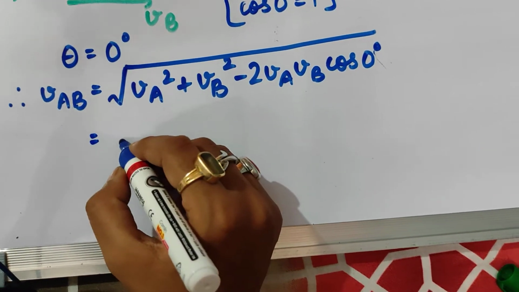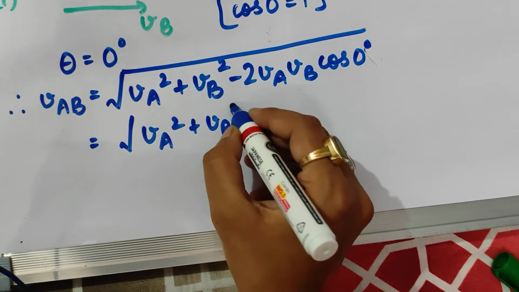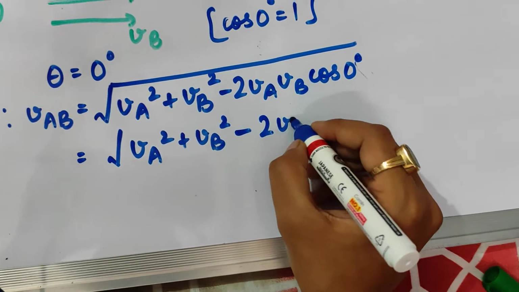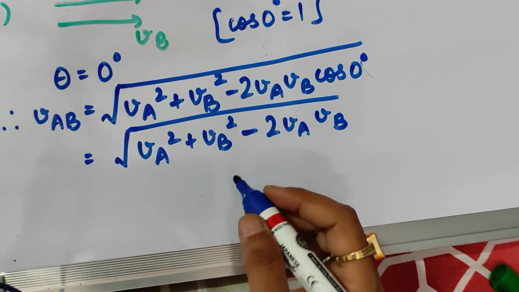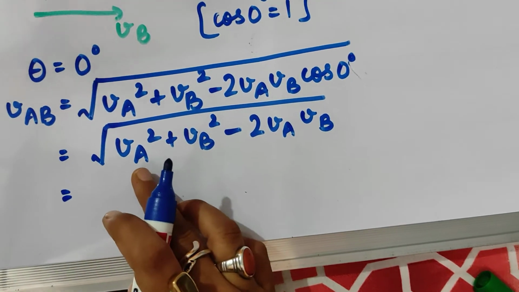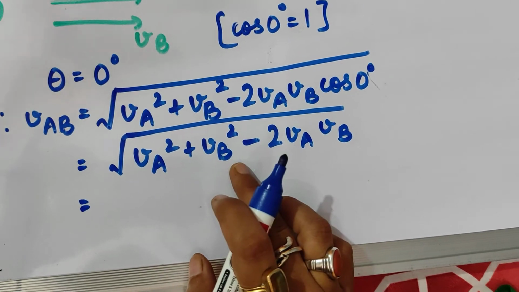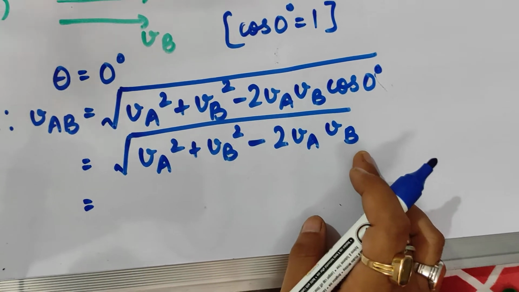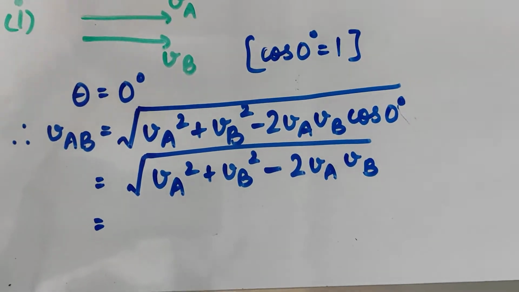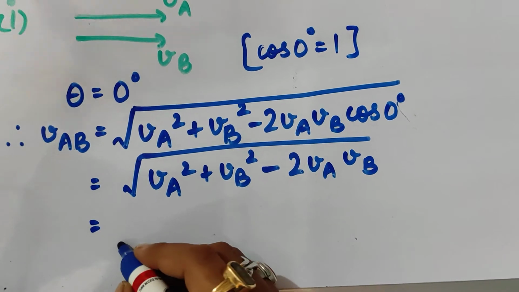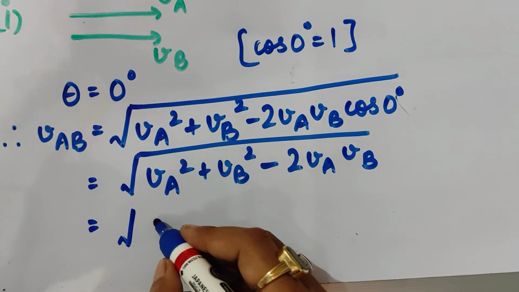Therefore, we will get the square root of VA square plus VB square minus 2 VA VB. Inside this square root, VA square plus VB square minus 2 VA VB gives us the idea about A square plus B square minus 2AB, which is the expansion for A minus B whole square.